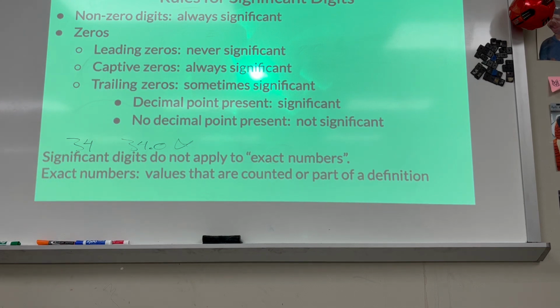Yes? How do you decide how many zeros to use? It's based on the instrument that you use, and we'll talk about that. We'll go to the lab and I'll show you how to do that, or I'll give you measurements and we'll talk about how to do it from there. Yes? How do you decide what's counting and what's measuring? Literally, where did you get the number from? Did you physically count something, or did you just measure it? You'd have like 7.5 chicken strips.